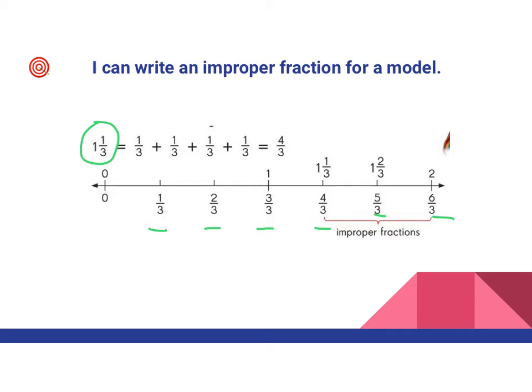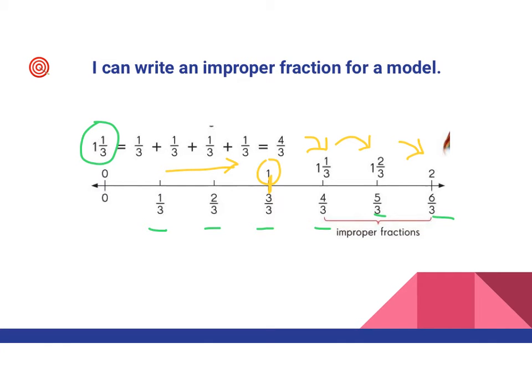Once we got to that 3/3 though, we crossed over the one whole. So here we've got 1 on the top, we've got the mixed numbers written. So it's showing the equivalency, that as soon as I get to 3/3, I've got one whole.